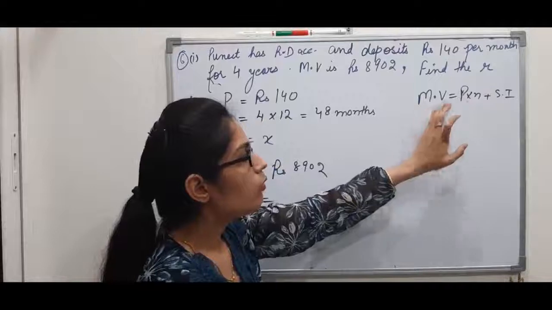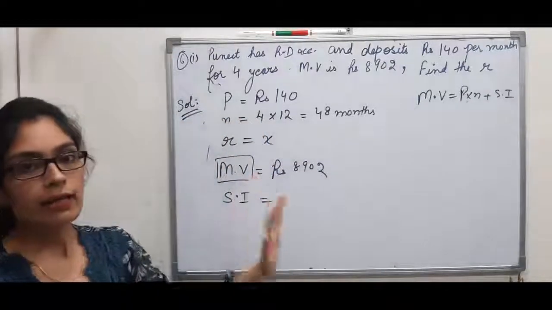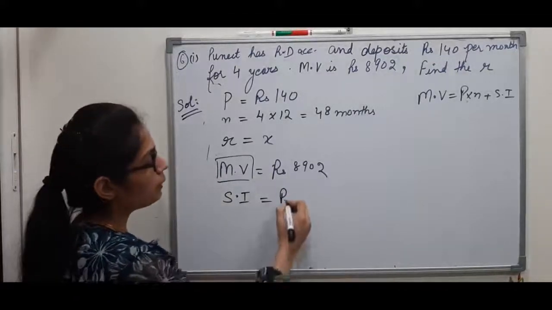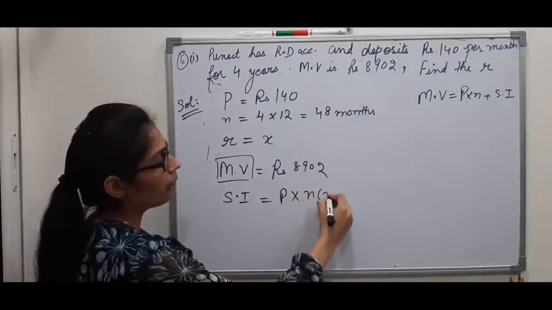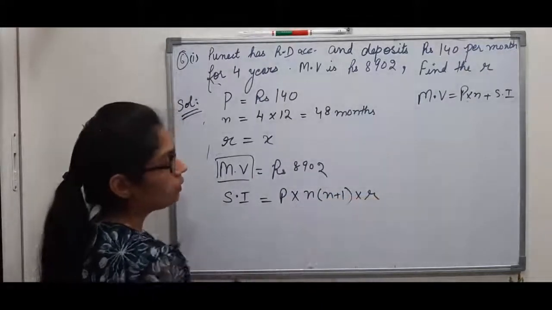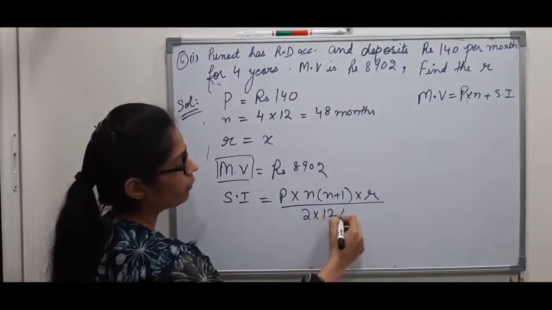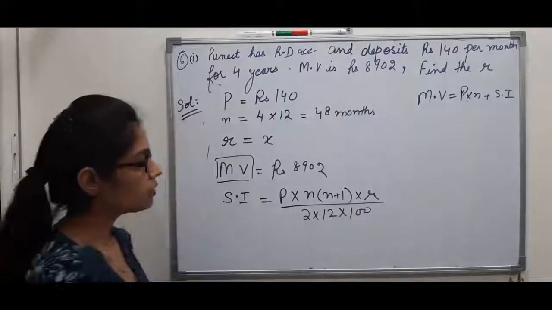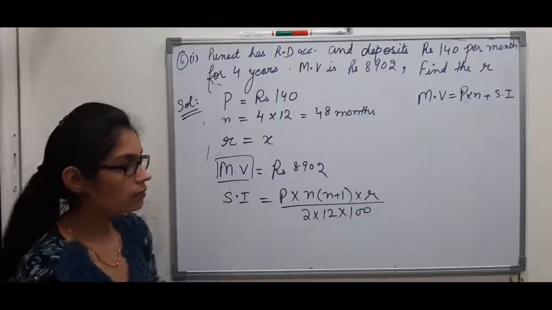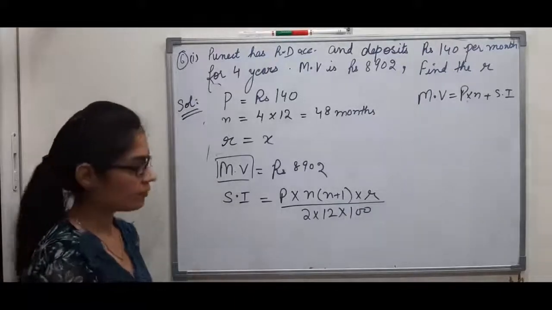I have the other values also, so that I can find the value of r. Simple interest is p into n plus 1 into r over 2 into 12 into 100. I am sure you have by-hearted this formula by now, because every sum we are using the same formula.